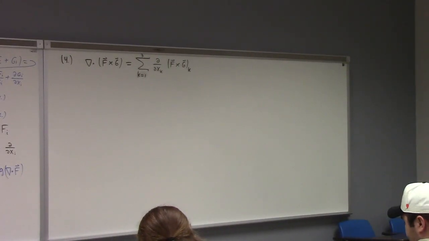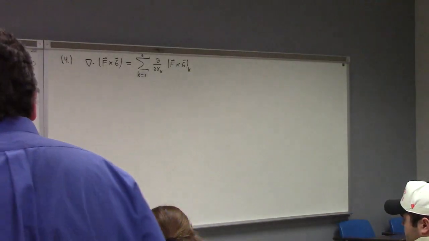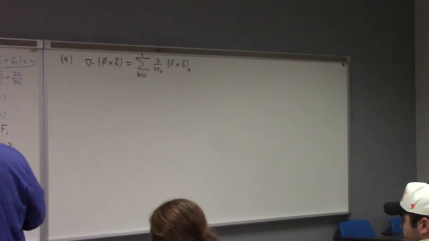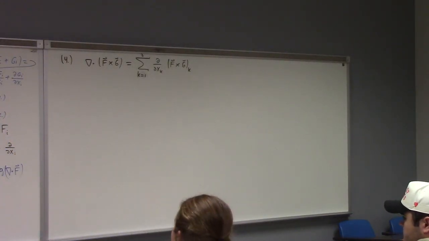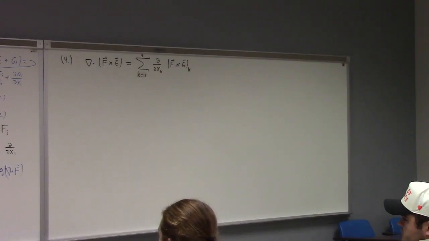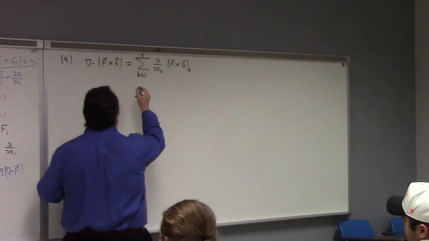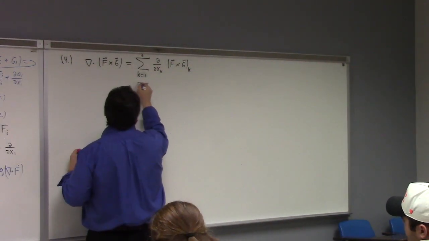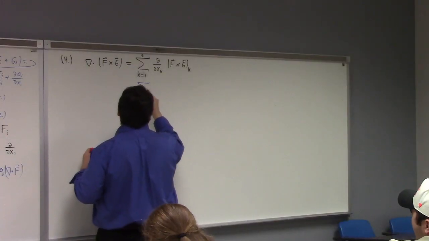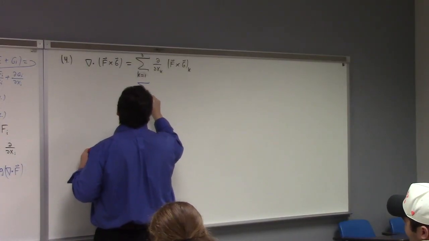Now, look, can you guys tell me what the kth component is? If we have the cross product of a and b, you can read from that formula what the kth component was. Let me write it down for you. We just need to strip off the coefficient of x hat sub k in my formula for the cross product.